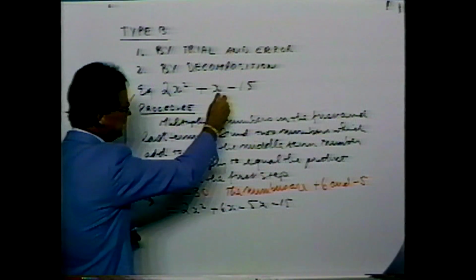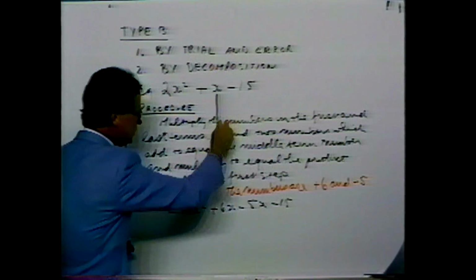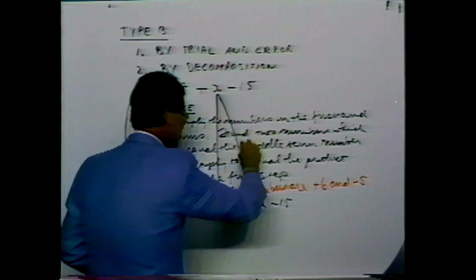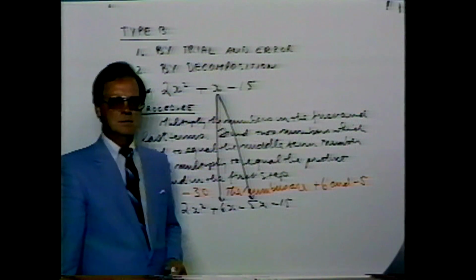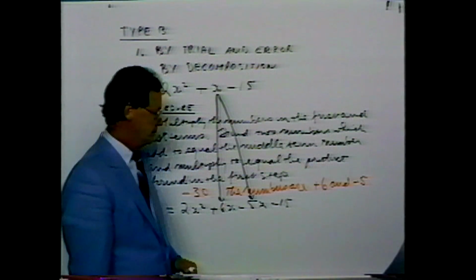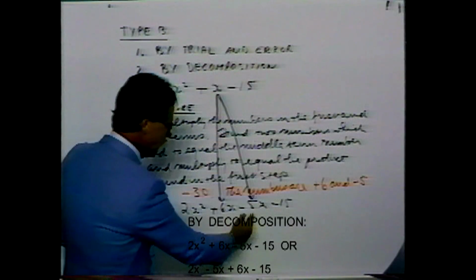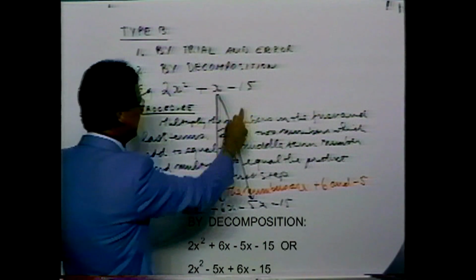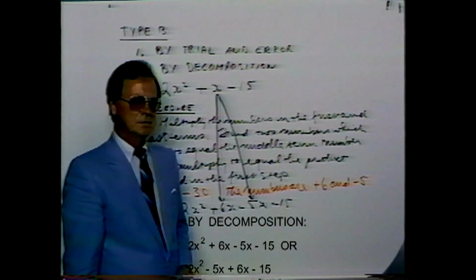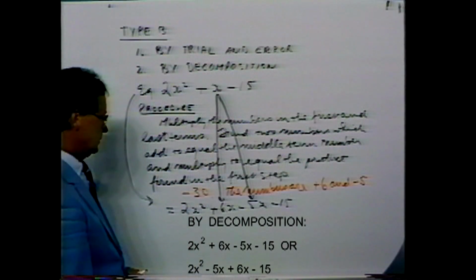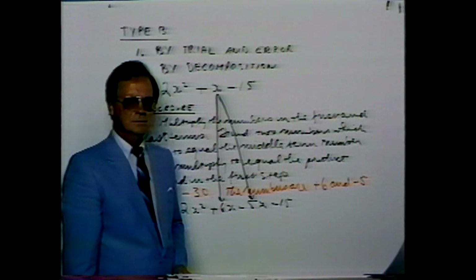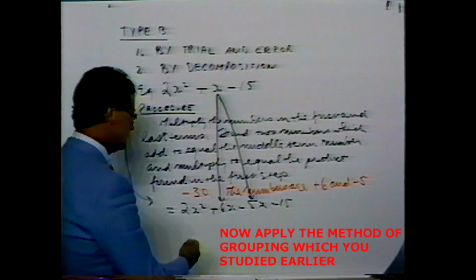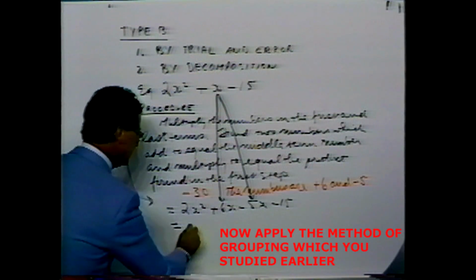We say that this is decomposed into these two parts. That's why the method is called by decomposition. This four-term expression is the same as this trinomial in amount. Recall the factoring type by grouping. The procedure now is simply factoring by grouping.